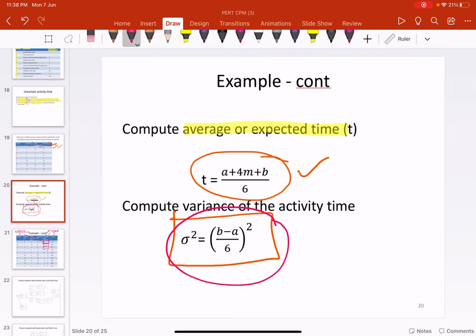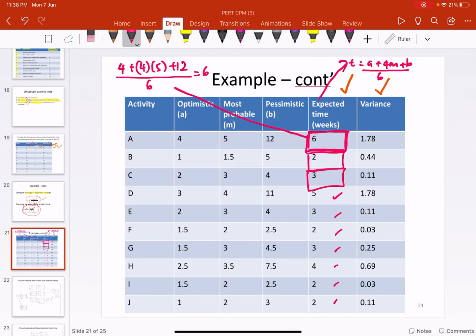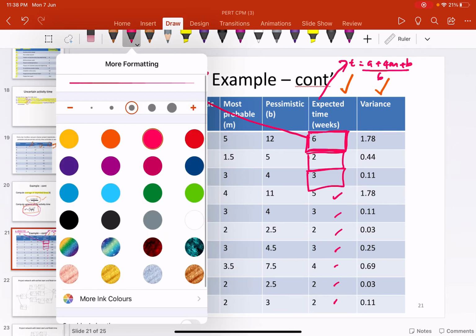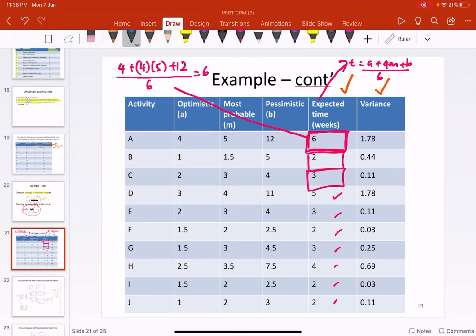So I'm going to put it here: B minus A divided by 6 to the power of 2 for the variance.